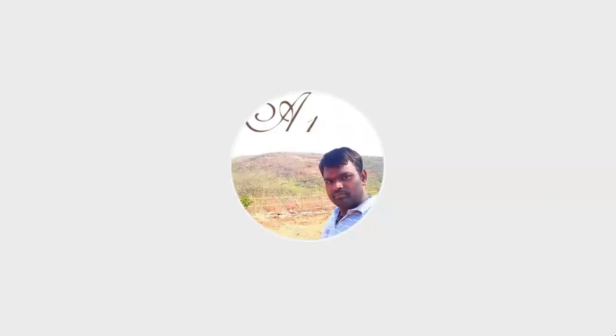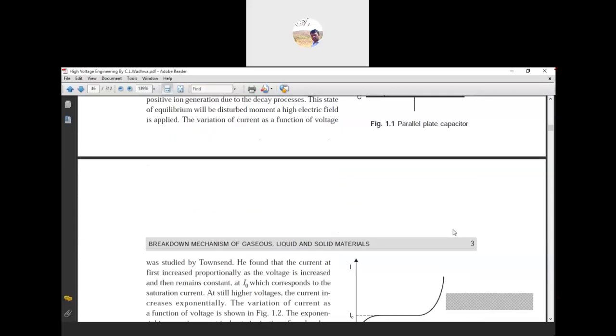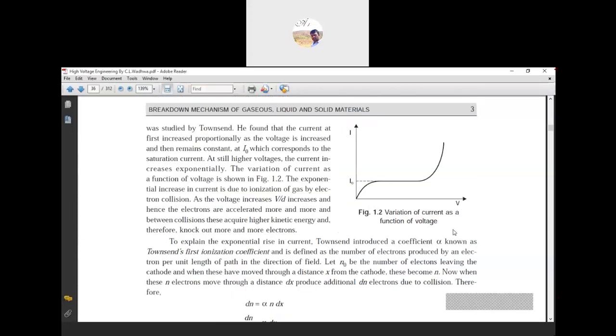Here alpha is the Townsend coefficient, and n is the total number of electrons, so the increase is alpha n dx.